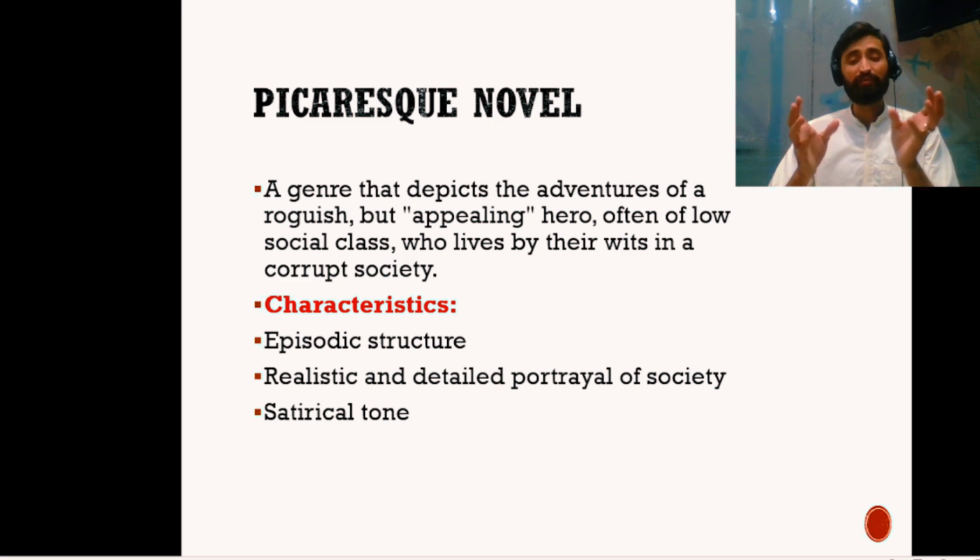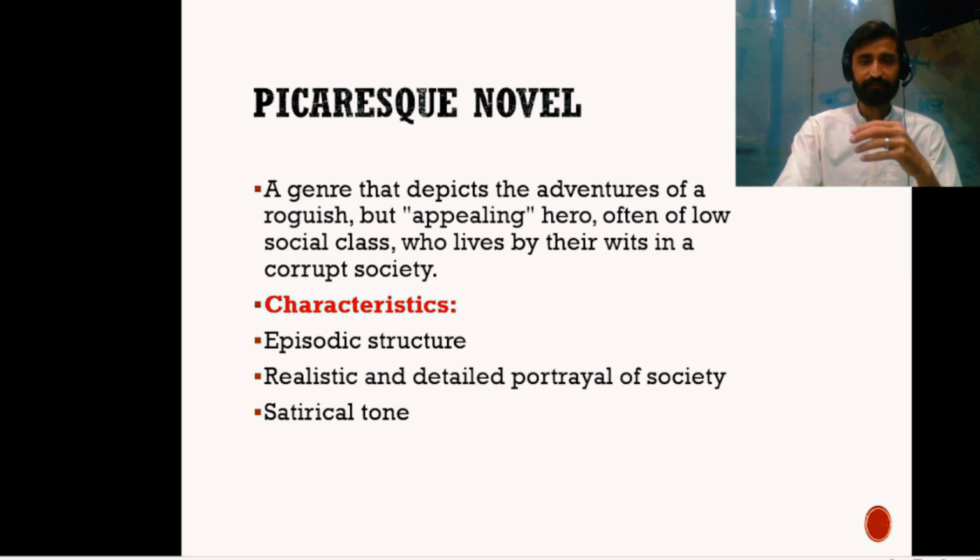We cannot say that that particular thing would have definitely happened, but we can say that it is based on reality when it comes to the depiction of society, that such kinds of things usually happen in society. And it is satirical in tone, so they talk about some of the things that are prevalent in society, and they are actually making fun of or highlighting those particular issues, right?